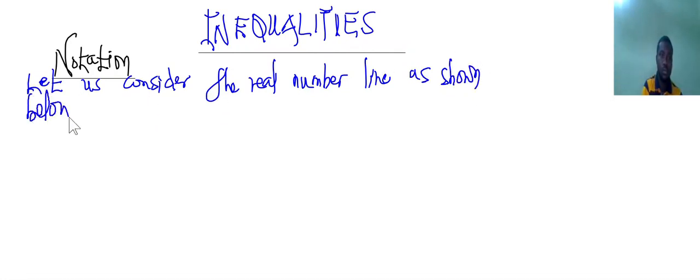So let us consider the number line. So we have number line.